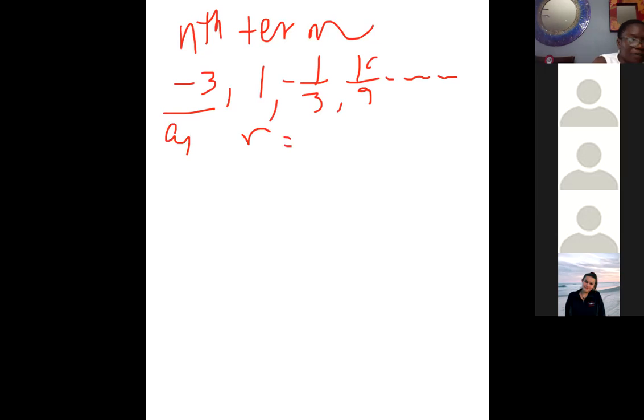What's the common ratio for this one? Not -3. Aha, -1/3. Very good. So you plug in your common ratio and raise it to the n-1 power. And that's your nth term formula, guys. You good?